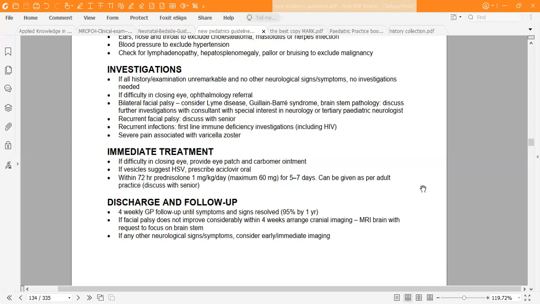Maybe you may find a tumor or a mass compressing the nerve over there.